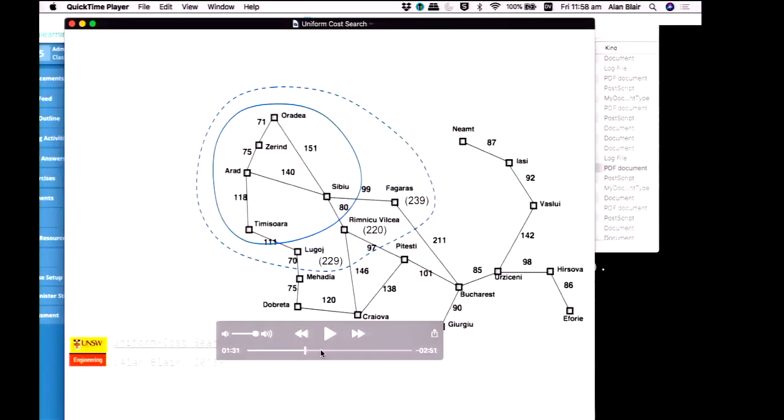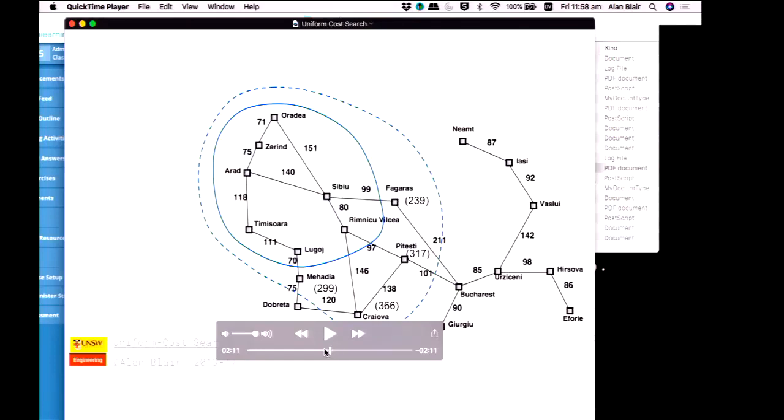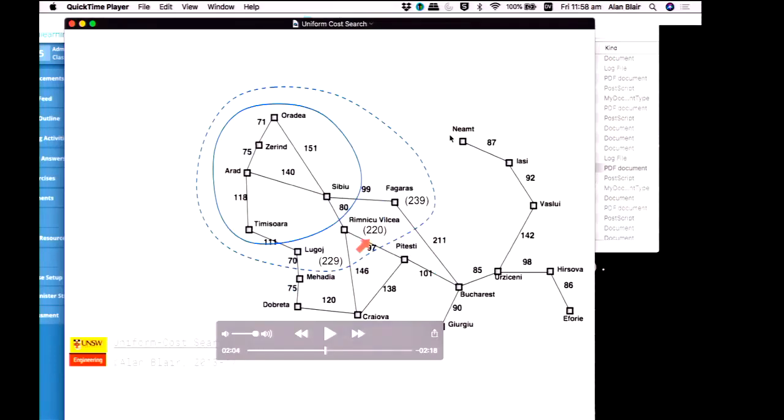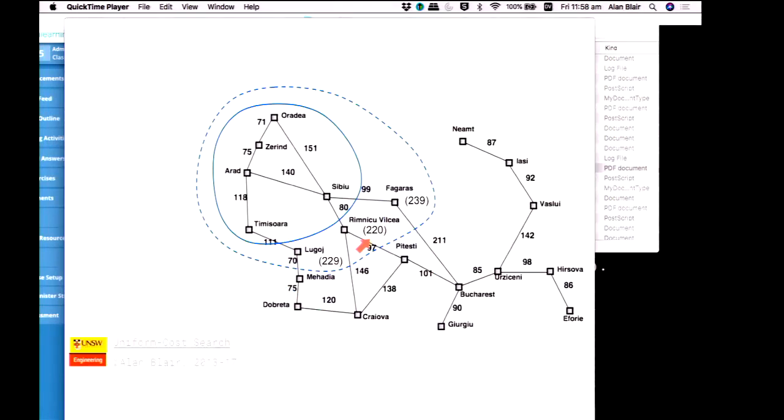Right, so this was Dijkstra's innovation. What Dijkstra figured out is, well, I don't really need to store every possible path.